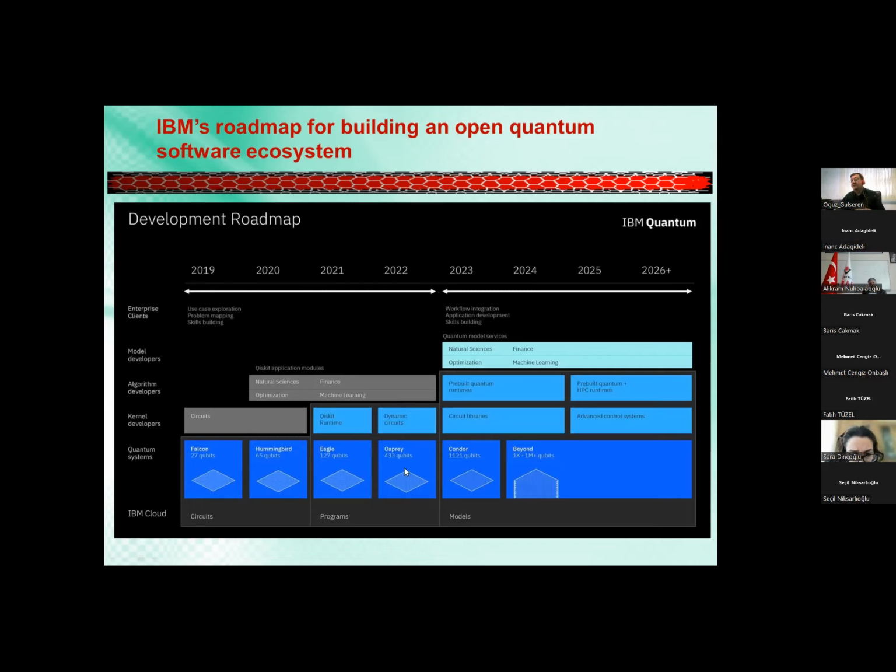If you consider the difficulties, the scaling, there are really problems with the scalability of these qubit systems. So by this year, 2022, we are talking about more than 400 qubits on this IBM roadmap.